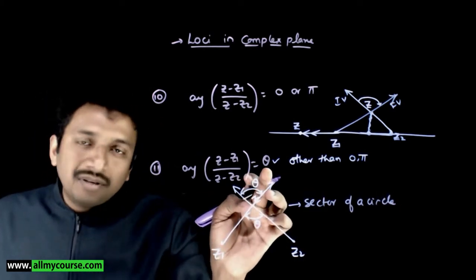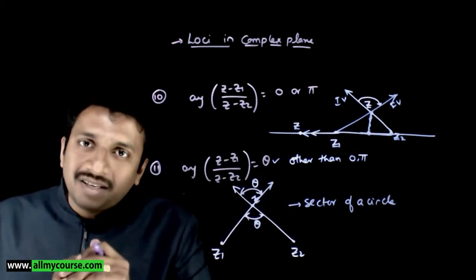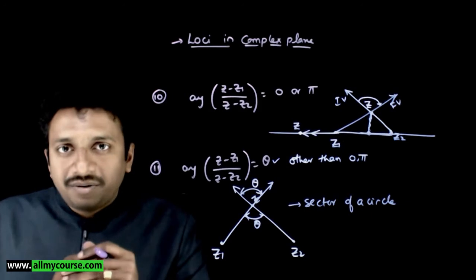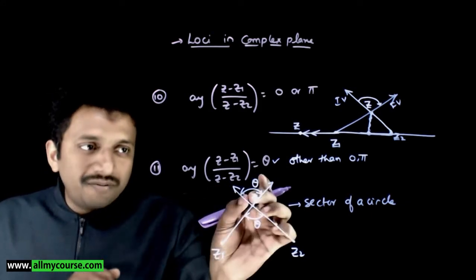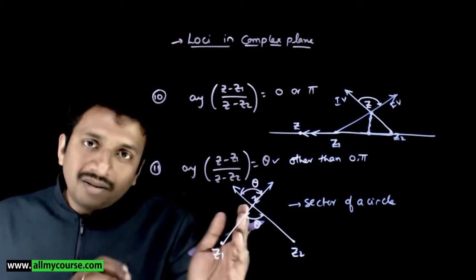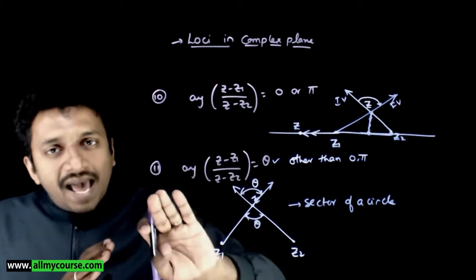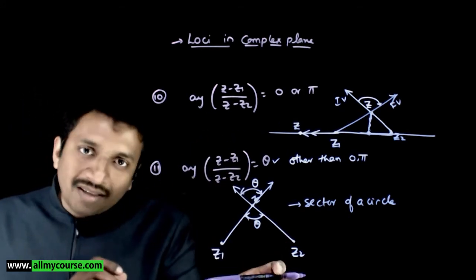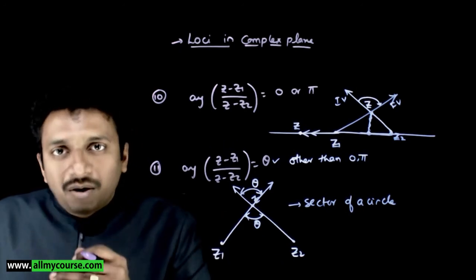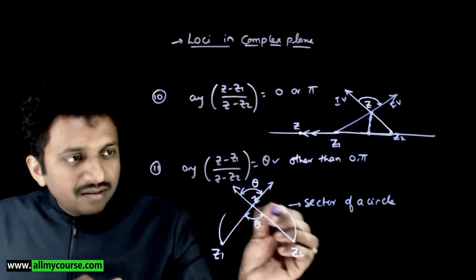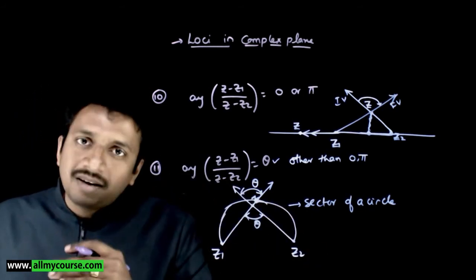You won't get the complete circle, only part of it, because you don't have both plus and minus theta. So you cannot go on both sides of z1, z2. Because if in one direction, going from the initial vector to the final vector, the angle is counterclockwise, in the other direction the angle will be clockwise. So this represents something like a sector of a circle.